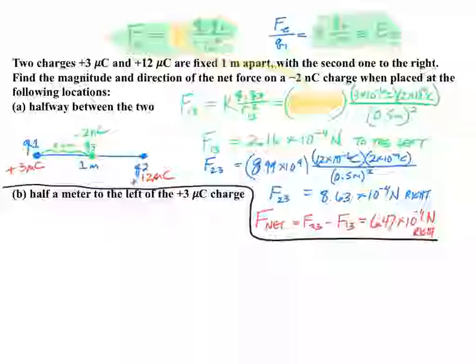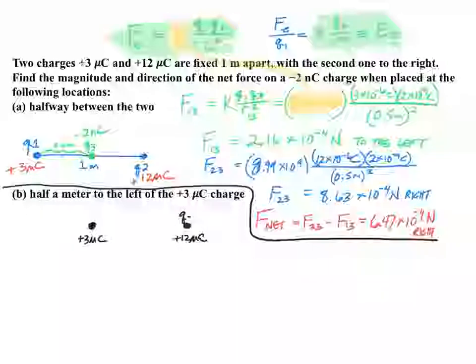All right, so now what about if it's half a meter to the left of the plus 3 microcoulomb charge? So we can draw a picture again. Let's have our plus 3 microcoulombs, our plus 12 microcoulombs.